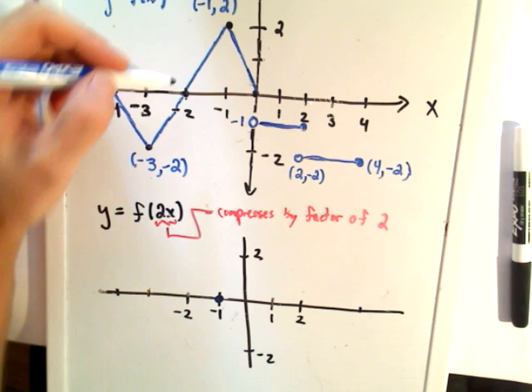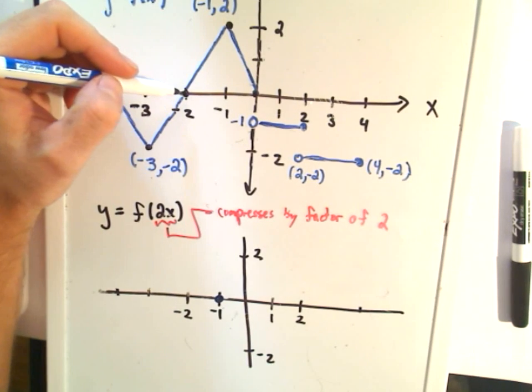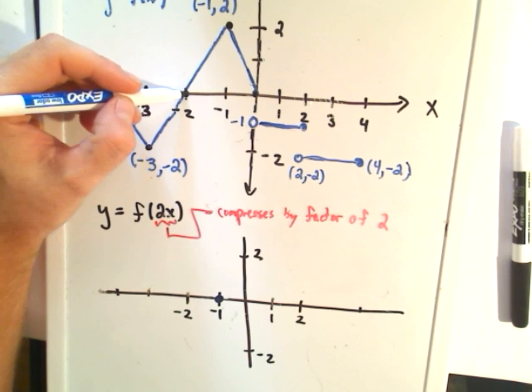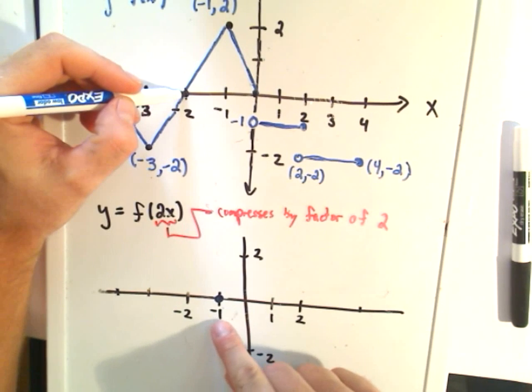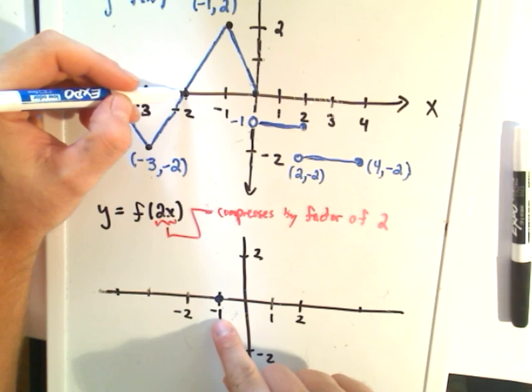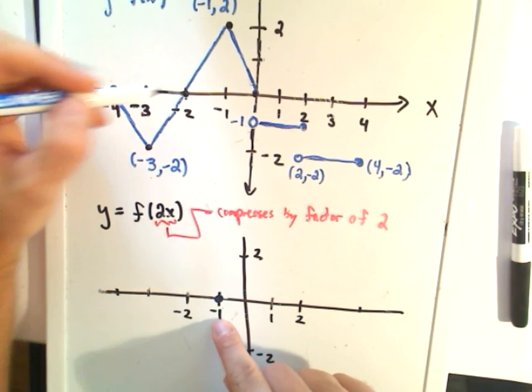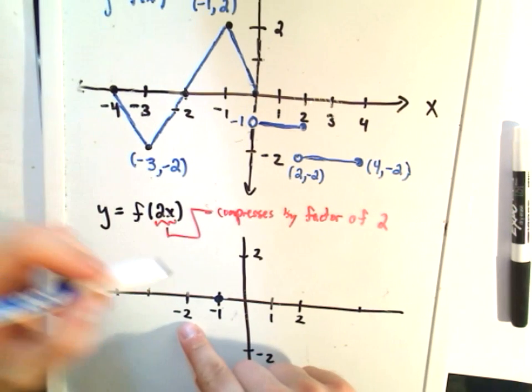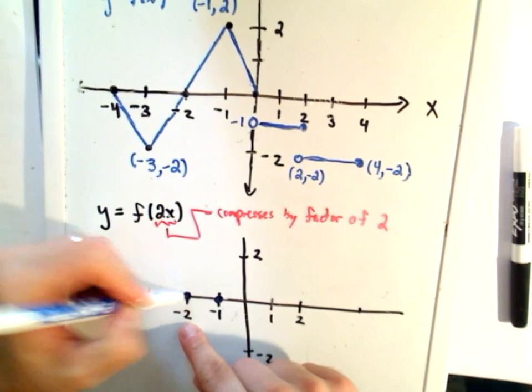You're going to kind of cut the x-coordinates in half. So originally at -2, there was an x-coordinate of 0. If I cut that x-coordinate in half, it now becomes -1. Keep the same y-coordinate. At -4, the original x-coordinate is -4. If you cut that in half, you'll get -2.